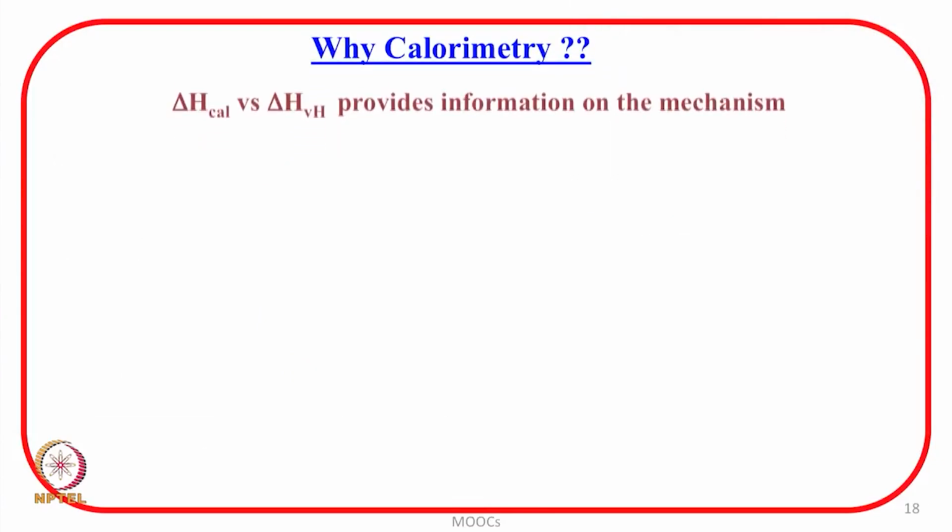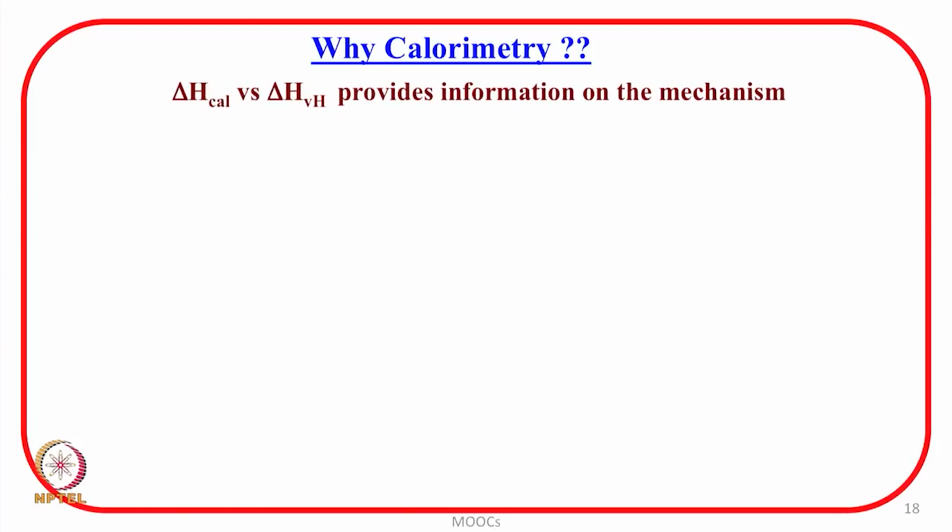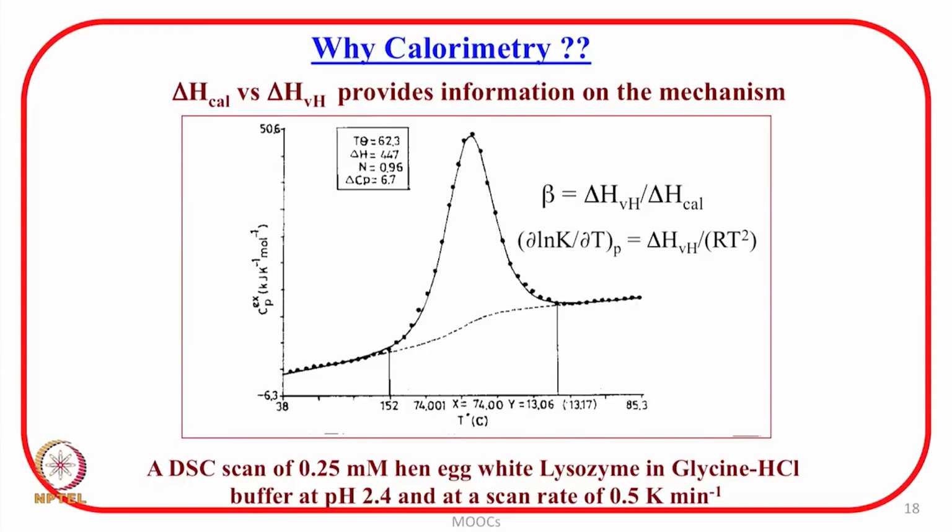So, the question is, why calorimetry? Calorimetric enthalpy and Van 't Hoff enthalpy provide information on the mechanism of folding unfolding transitions, and from the differential scanning calorimetric curve we can get calorimetric enthalpy, we can get Van 't Hoff enthalpy, and the ratio of the two provides information on the mechanism of the unfolding process.